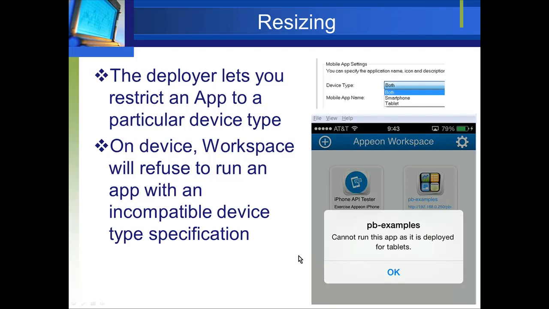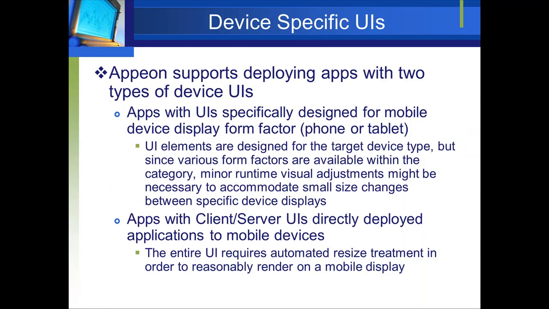Of course you don't want users seeing this, but as a final resort, this restriction is built into the deployment descriptor information. Now the point, however, as I mentioned earlier, is that you typically are going to have device-specific UIs.